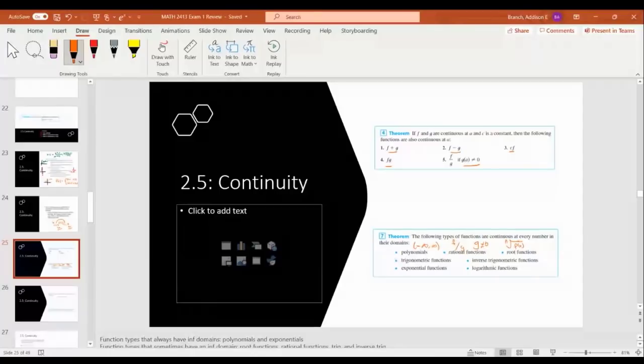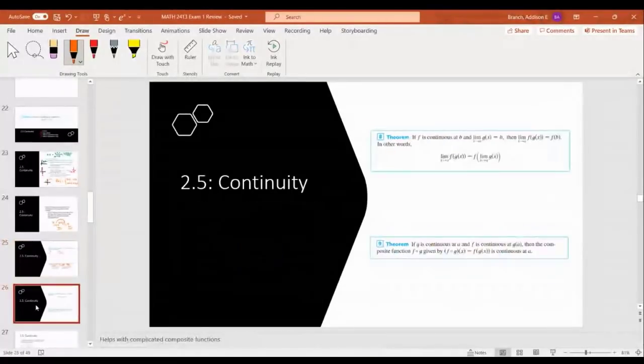Their domain will not be from negative infinity to infinity, but where their domain exists, they should be continuous. Once again, most of those are generalizations. You sometimes still have to double check and make sure. You may have different function types put together, so you may have to double check for each of those, depending on the circumstances.